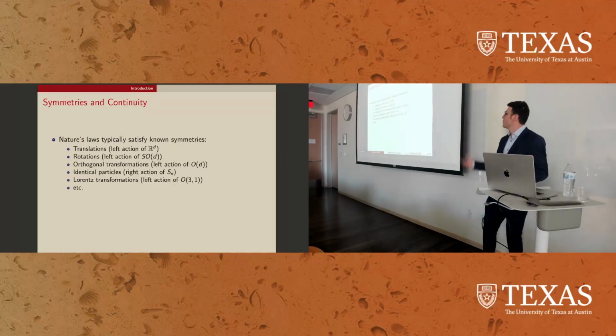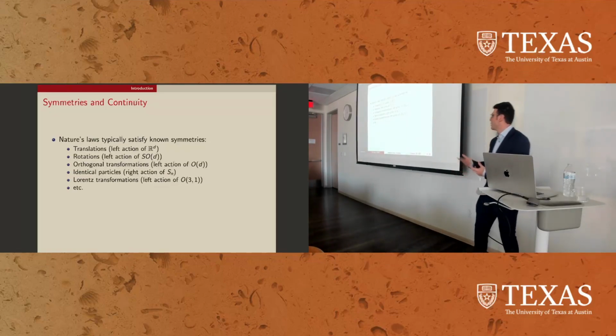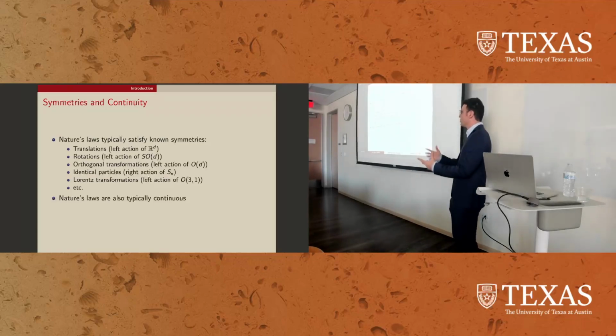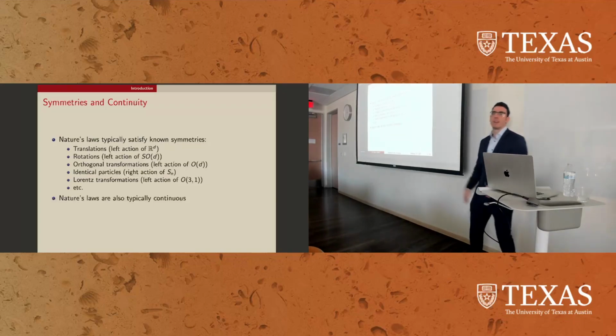But the point is that we would like to build these symmetries into our neural network function because that should allow us to generalize better and use less data. Another thing that we typically know in most applications is that the ground truth should be continuous. Small changes to your molecule should not usually have dramatic changes to its properties, but that again depends on the precise application.